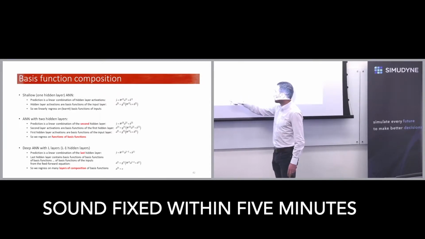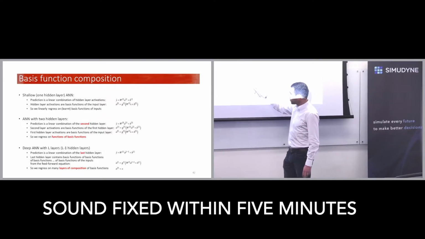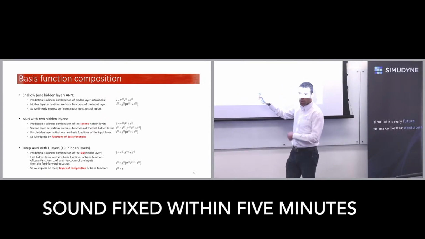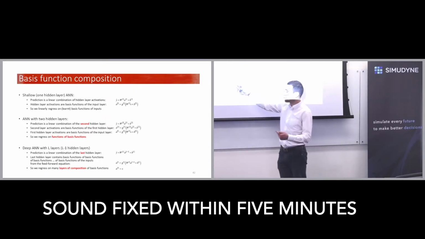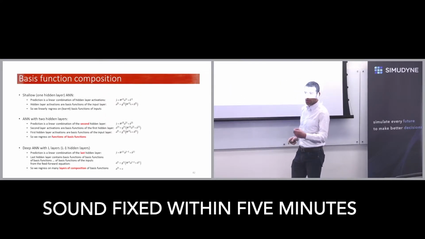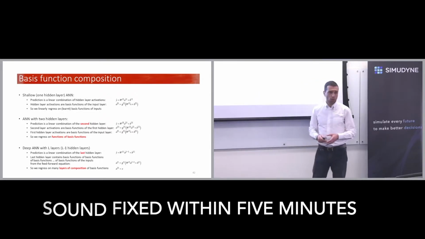So what is it we're doing in a deep neural network? We allow the model to compose basis functions. We allow the model to learn to compose basis functions at best from the data. This is what deep learning gives you, what shallow learning doesn't give you.